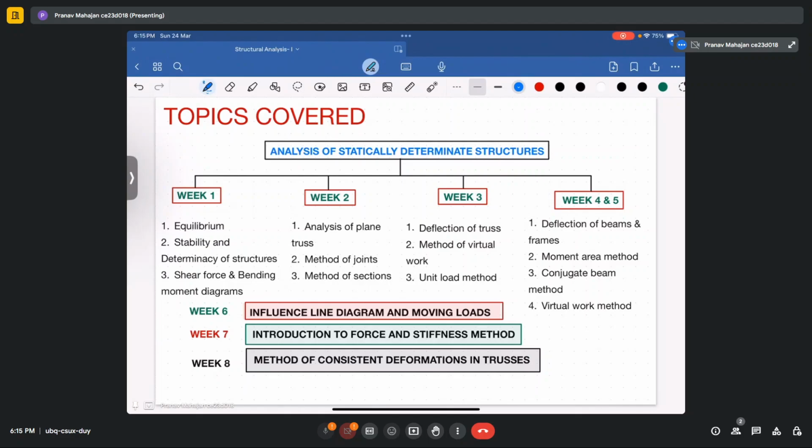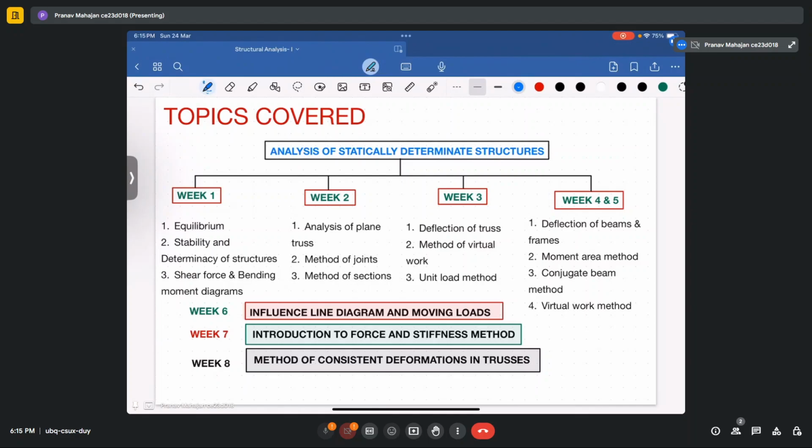Then we have moved to the moving loads. So whenever a train passes over a beam as well as over a truss, how the reactions, bending moment, shear force vary along the length of the section, that is determined using influence line diagram.